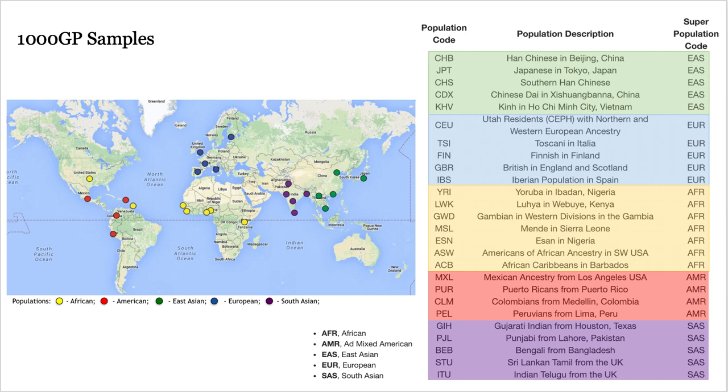And one interesting thing to notice about the American samples, highlighted in red here, is that they are individuals with mixed ancestry. Basically, those populations have a history of admixture between populations of different ancestry, for example, Native Americans, Europeans, and Africans.